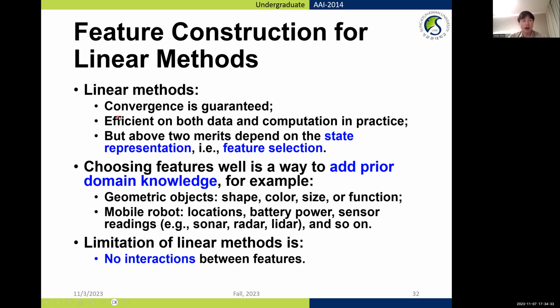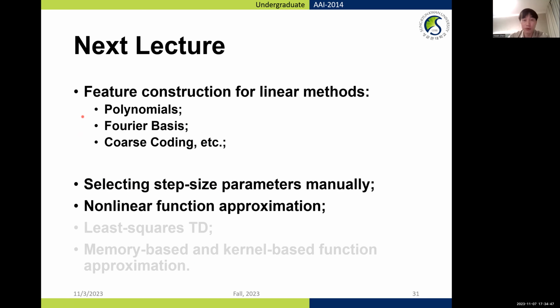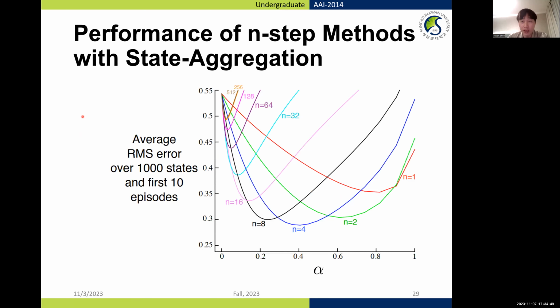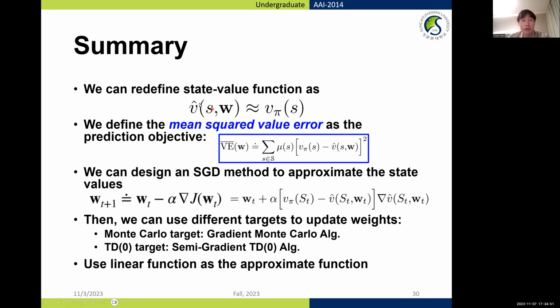Previously we learned this. We parameterized the value functions, right? If we look back from here, we define the state values in this way with the weight W. We define this mean squared value error.